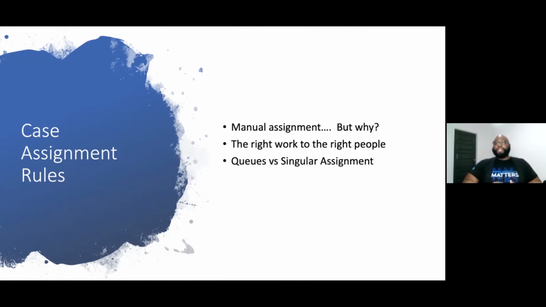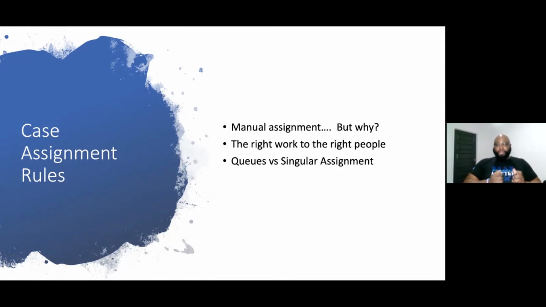So the first thing you need to determine is who these cases will be going to based on your case types, your record types, the language for each case, whatever type of criteria you have in your organization. Determine who gets those cases. Are cases all going to be served by queues, so multiple people working them, or will they be served by particular people?